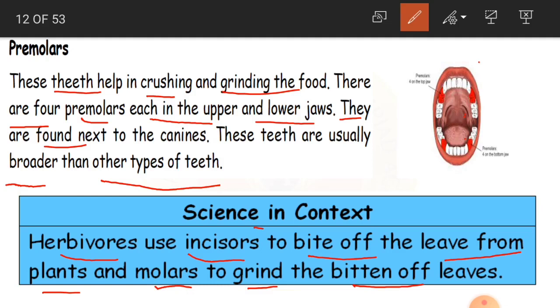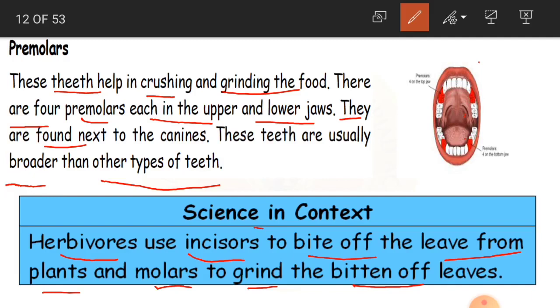Incisors are what? The front four teeth. They use these incisors to bite the leaf from the plant, and they use molars to grind the bitten off leaves. They just bite the leaf, because they don't have hands. Animals don't have hands.